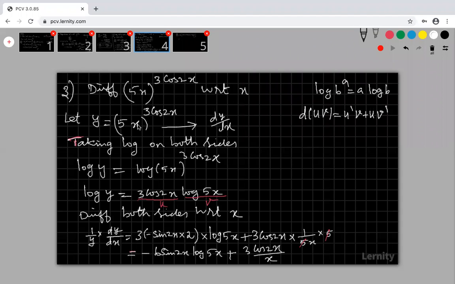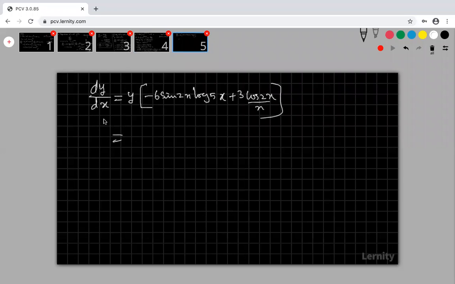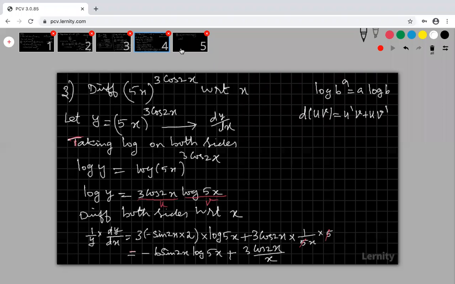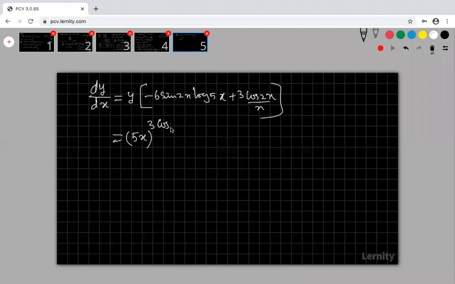My y means 5x the whole power 3 cos 2x. You apply that also, 5x the whole power 3 cos 2x into minus 6 sine 2x log 5x plus 3 cos 2x divided by x. This is my dy by dx.